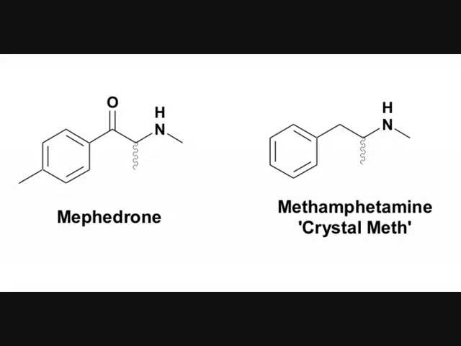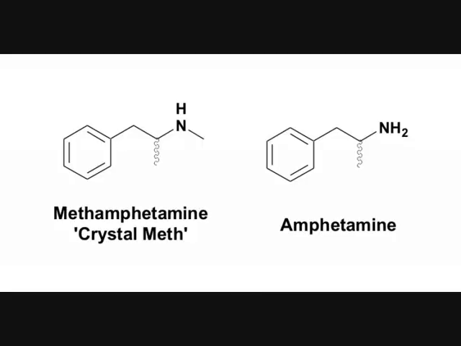Interestingly, if you look at the structure of amphetamine here, rather than methamphetamine, you'll notice that the methyl group on the nitrogen is missing. This is why crystal meth, methamphetamine, has a much bigger effect in the brain than amphetamine. The methyl group helps carry the drug across the blood-brain barrier.